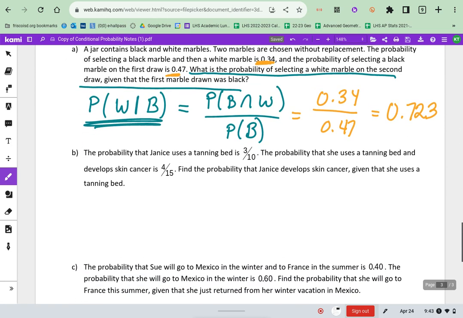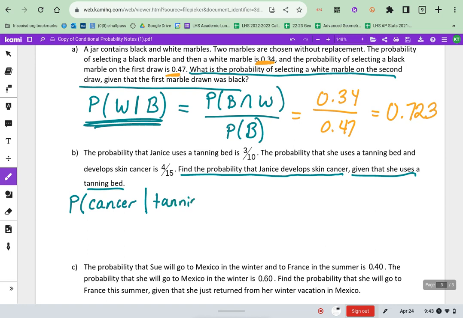All right, let's try another one. The probability that Janice uses a tanning bed is 3 out of 10. The probability she uses a tanning bed and develops skin cancer is 4 out of 15. Find the probability she develops skin cancer given she uses a tanning bed. So again, the probability of developing cancer given she uses the tanning bed is equal to the probability of developing cancer and tanning divided by the probability that she tans.